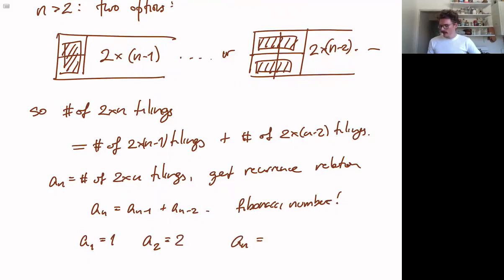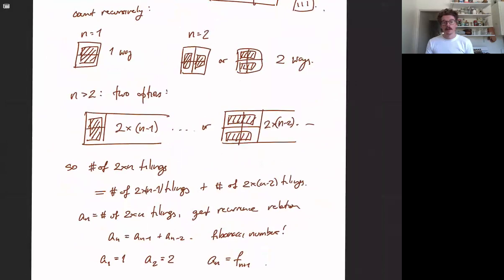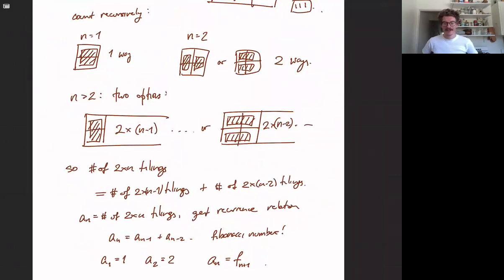And this is, I believe, the second and third Fibonacci numbers. So to be precise, a_n is F_{n+1}. So we can count the number of tilings of these checkerboards in a recursive way. And the number of tilings turns out to be a very familiar recursive sequence, namely the Fibonacci numbers.